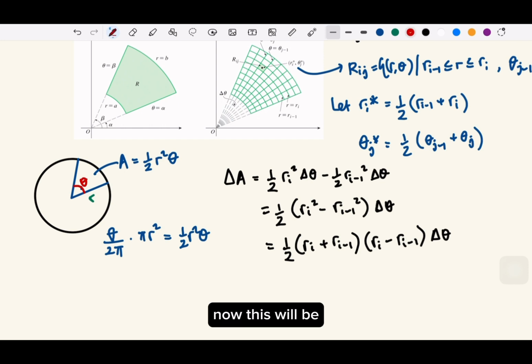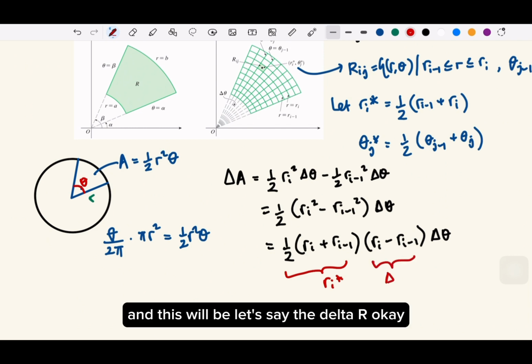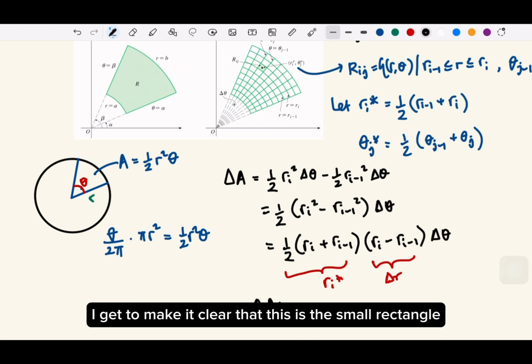Now this will be ri, right? And this will be, let's say, delta r. So we could write this delta A, let's say delta Ai, to make it clear that this is the small rectangle, as ri delta r delta theta. Okay?